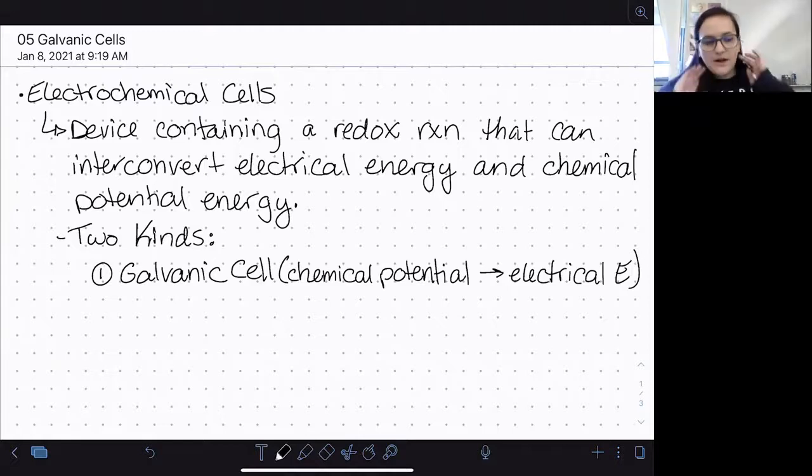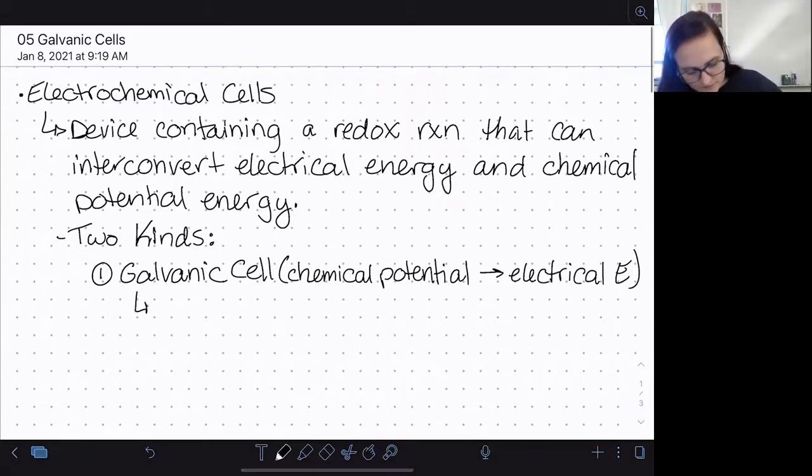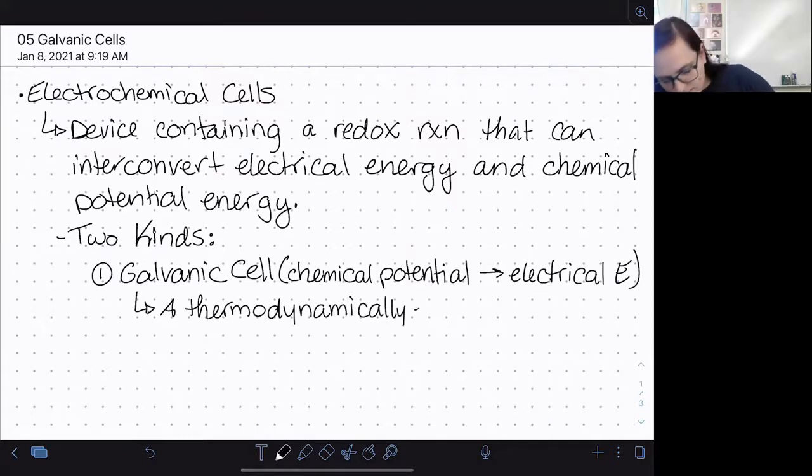So in a galvanic cell, we have a thermodynamically favored reaction. So for a galvanic cell, our cell potential is always positive.